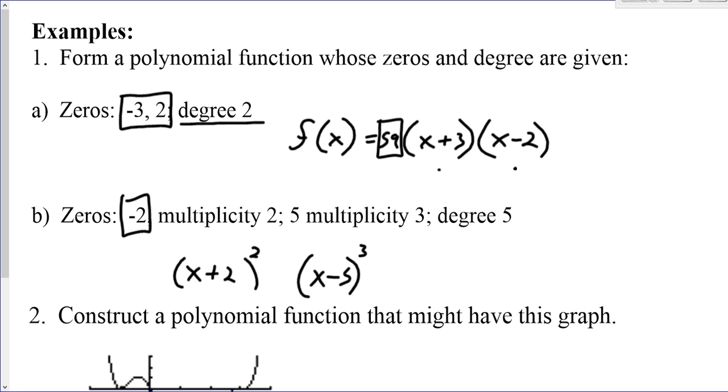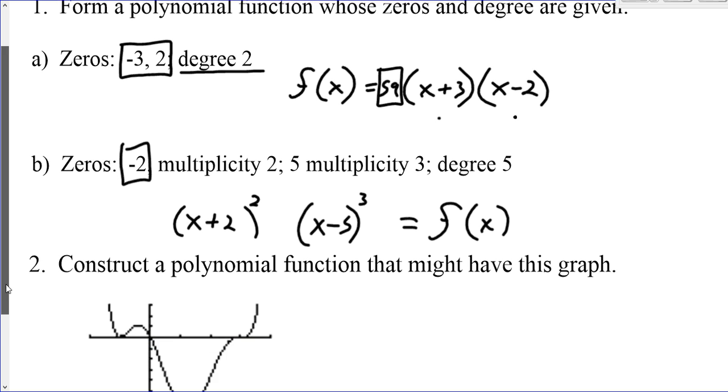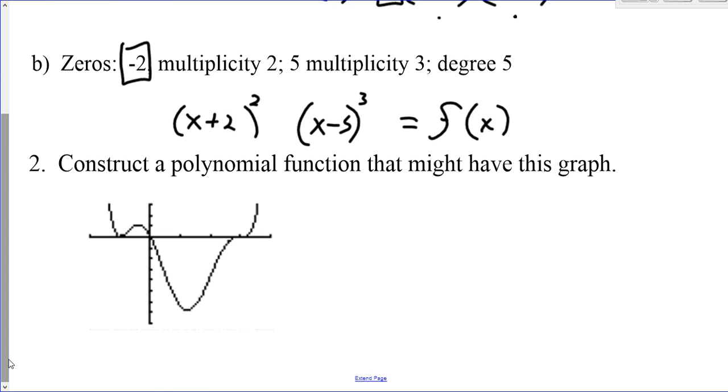And a degree 5, well, I can see that 3 plus 2 is 5, so this is my polynomial with those characteristics. We should also be able to build a rough sketch. And again, just on B, we could have multiplied this by any scalar we wanted. We could have put negative 3 there, and we'd still have those characteristics met.